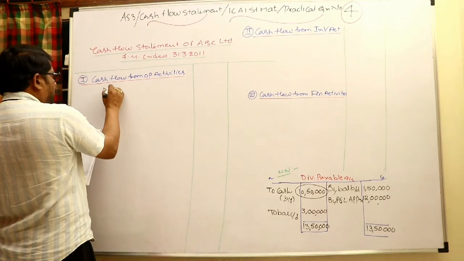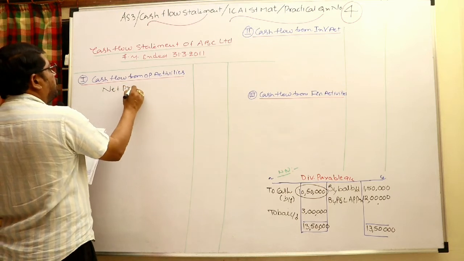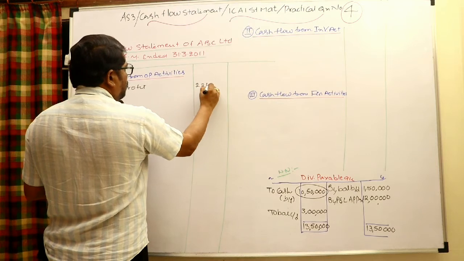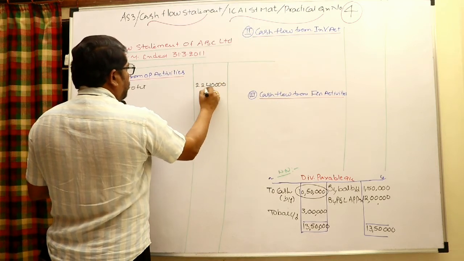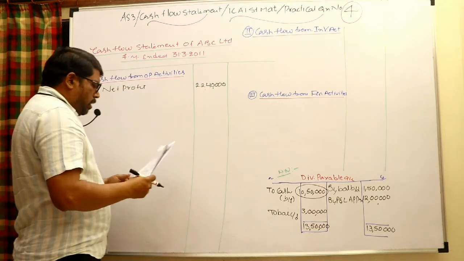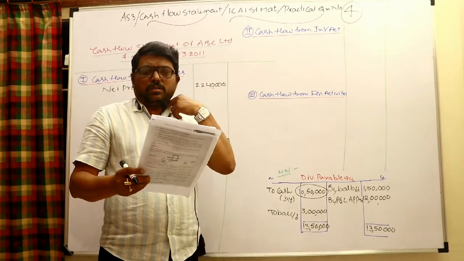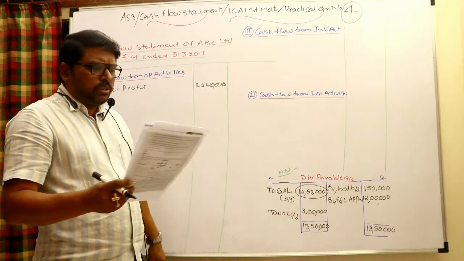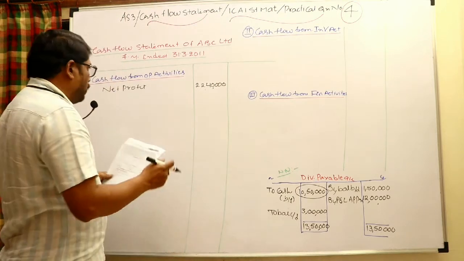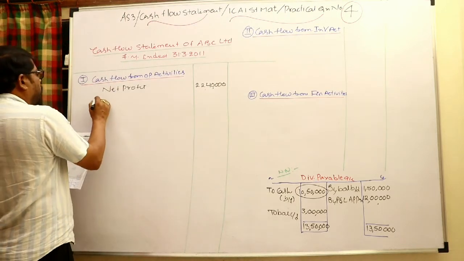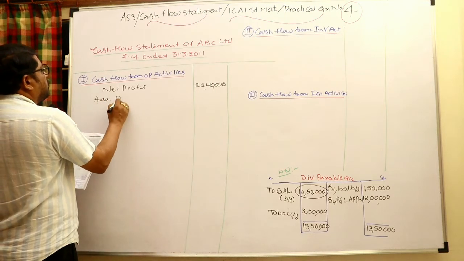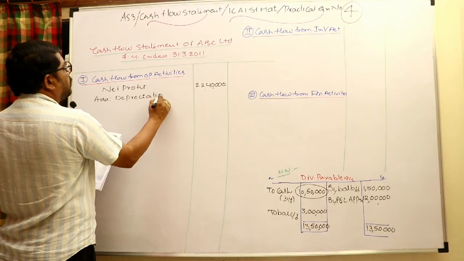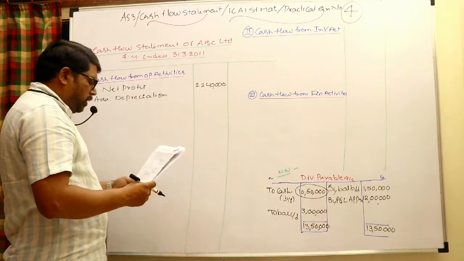Operating activities, net profit: 22 lakh 40,000. And I would like to withdraw the non-cash items and non-operating items. First of all, depreciation. Add depreciation on assets.